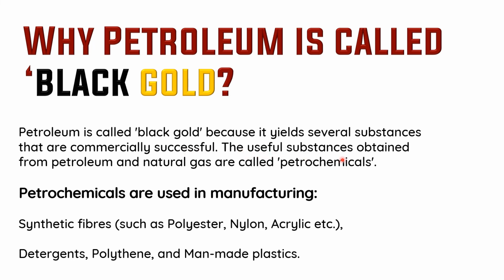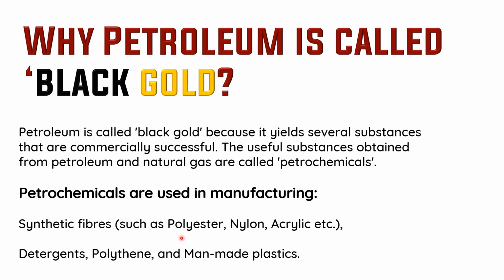The useful substances obtained from petroleum and natural gas are called petrochemicals. Petrochemicals are used in manufacturing synthetic fibers such as polyester.